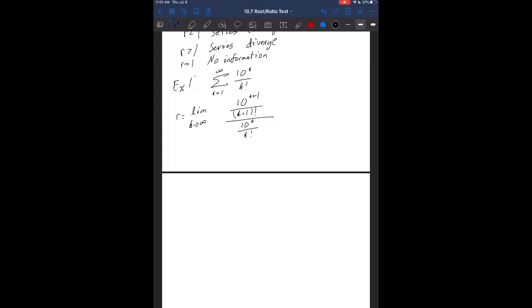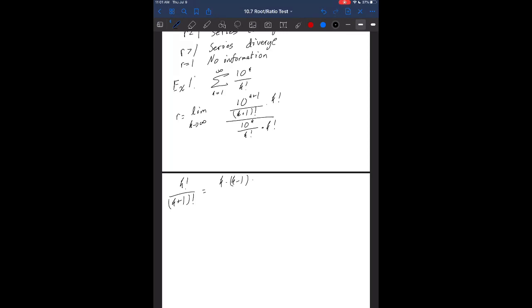Let's get it in terms of a single fraction. If we multiply the top and bottom by k factorial, for part of it we're left with k factorial over k plus 1 factorial.